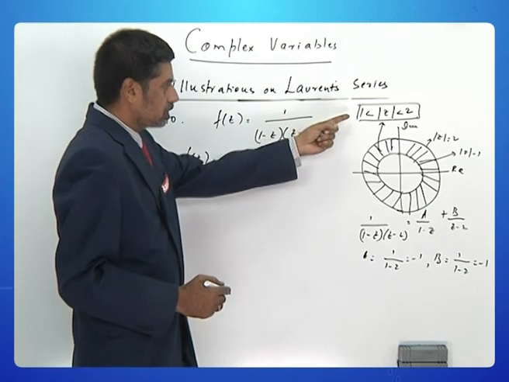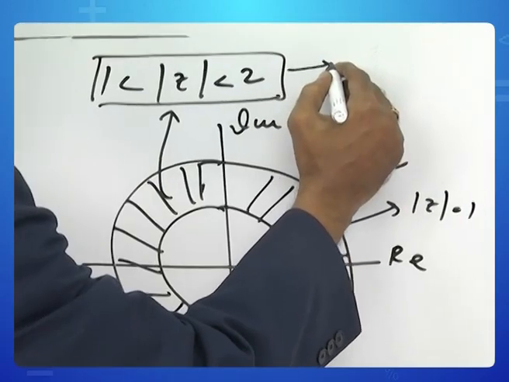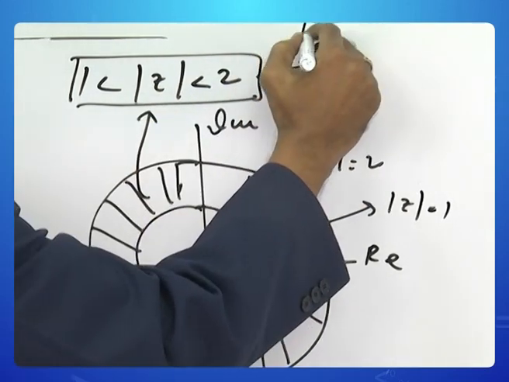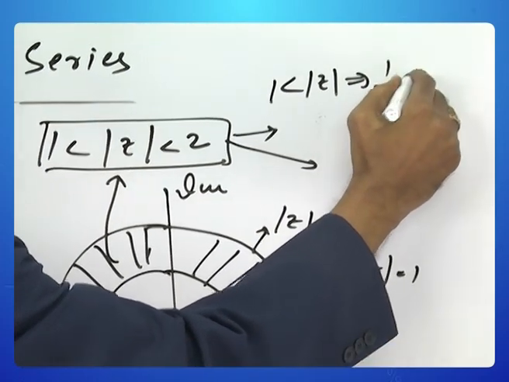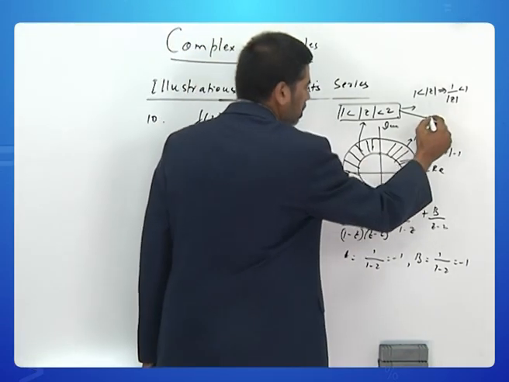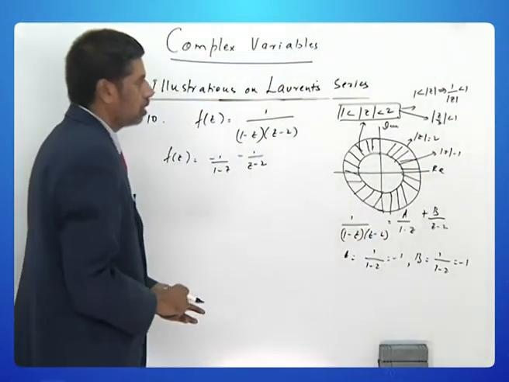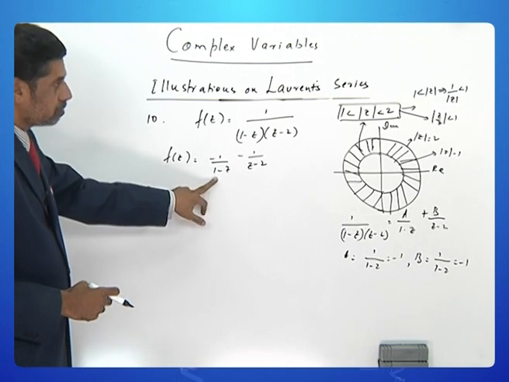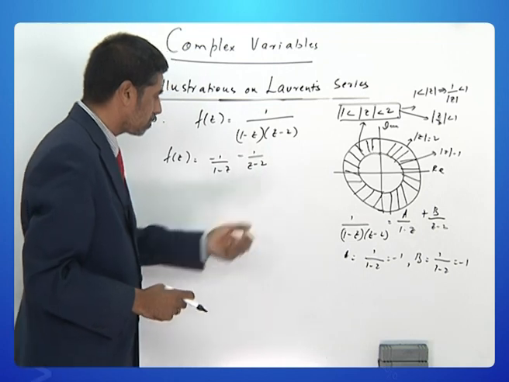Now you take this region. You will have to see it in two different ways. In one case, you will have to see this as 1 less than mod z, which implies 1 by mod z less than 1. In the second case, you must see this as mod z by 2 less than 1. The first one, 1 by mod z less than 1, will be required here, and the second one, mod z by 2 less than 1, is required here.